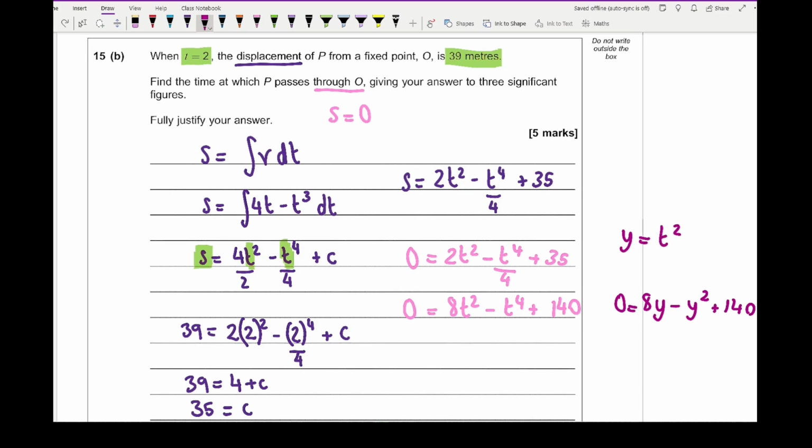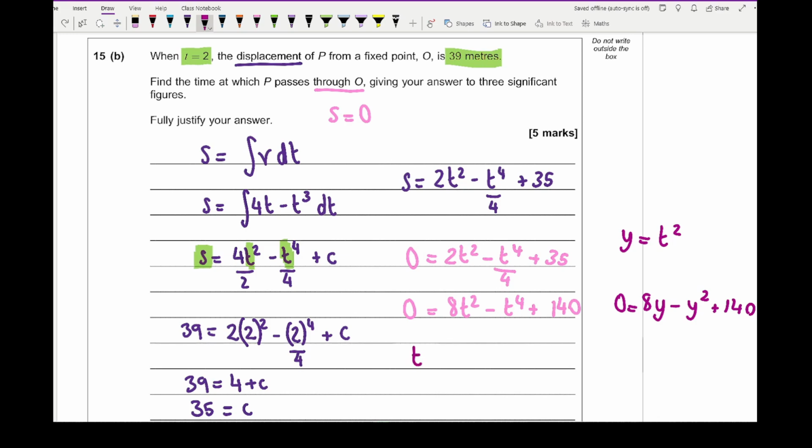And you could then solve that quadratic to find the value of y, and then square root to find the value of t. So you get two values for y, and then you can take the square root of that value to find the value for t, or equally you could use your calculator and replicate the same answer.